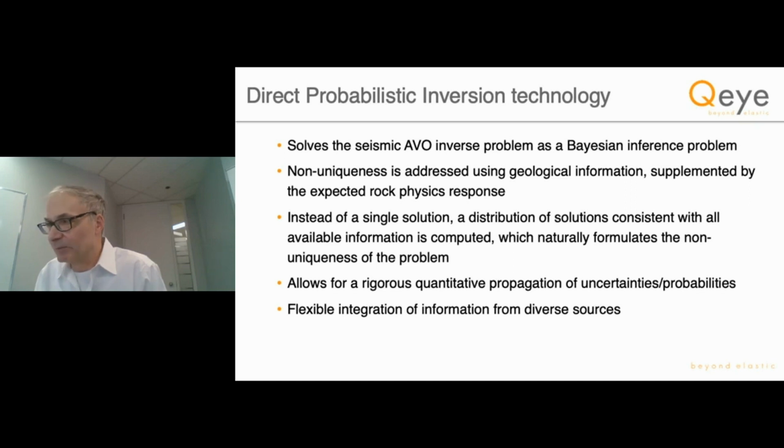And it's flexible because it allows integration of diverse sources of information, which is not available in the standard deterministic approach. And I'll show an example of that, of including additional information beyond elastic log properties, such as anisotropy, which will be the last part of this presentation. So we can include things like anisotropy.